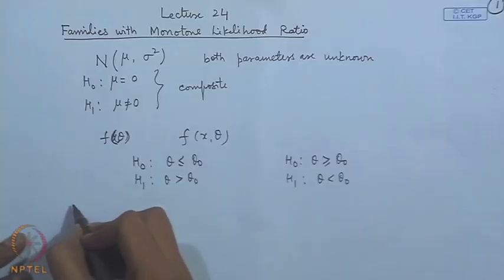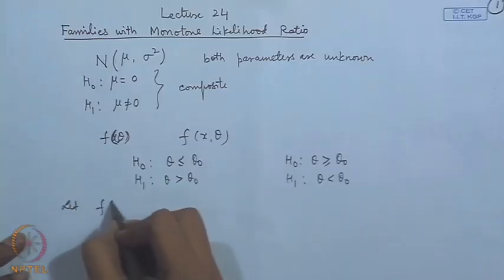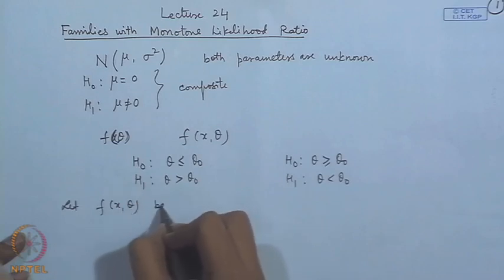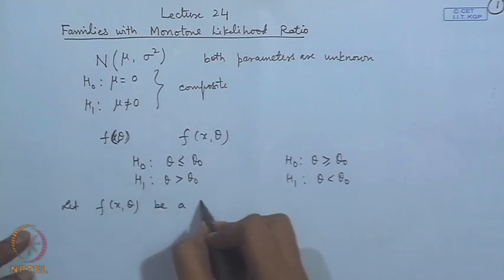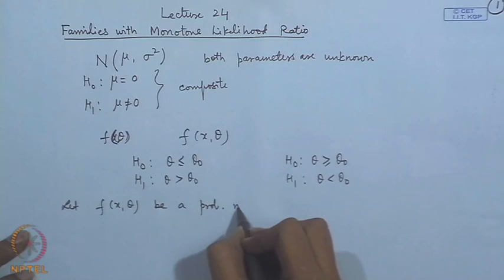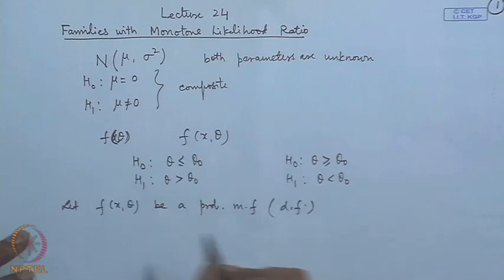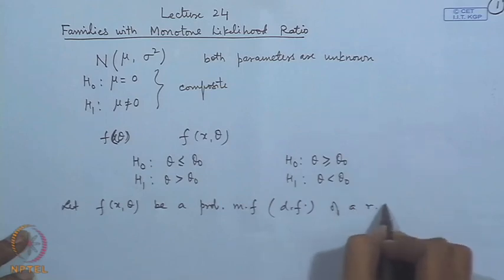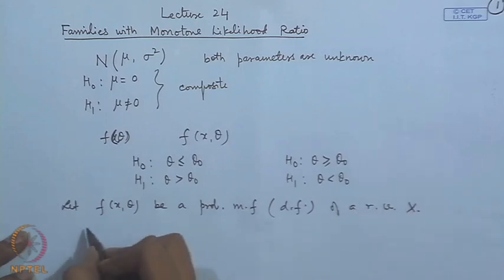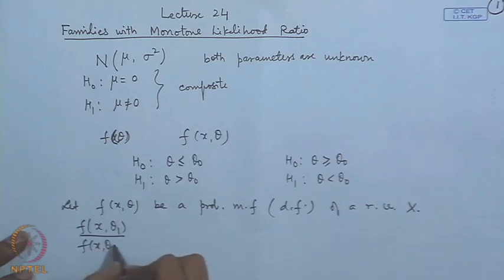So, let f x theta be a probability mass function or density function of a random variable say x. Let us write down the ratio f x theta 1 divided by f x theta 2.